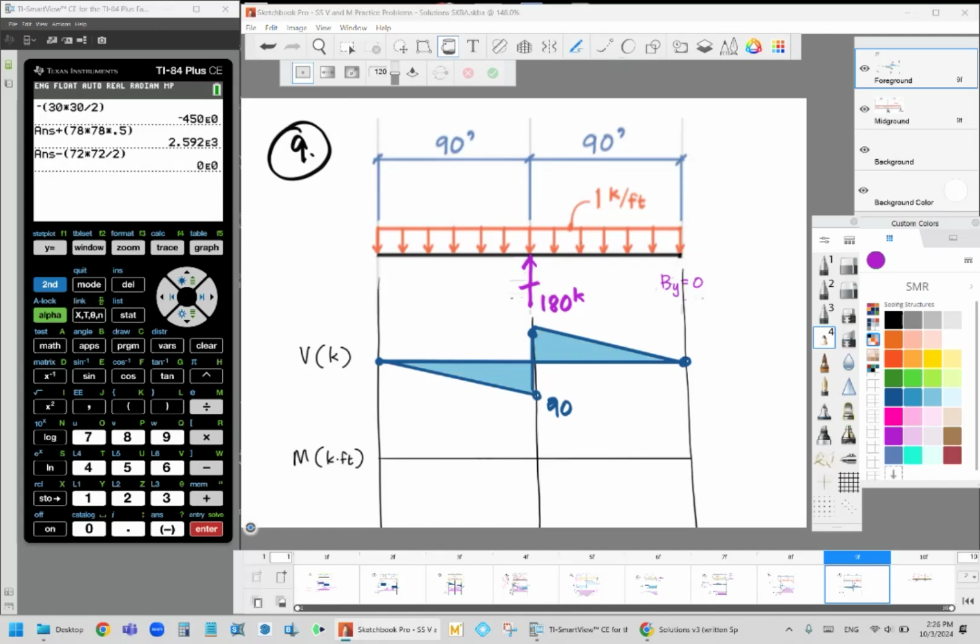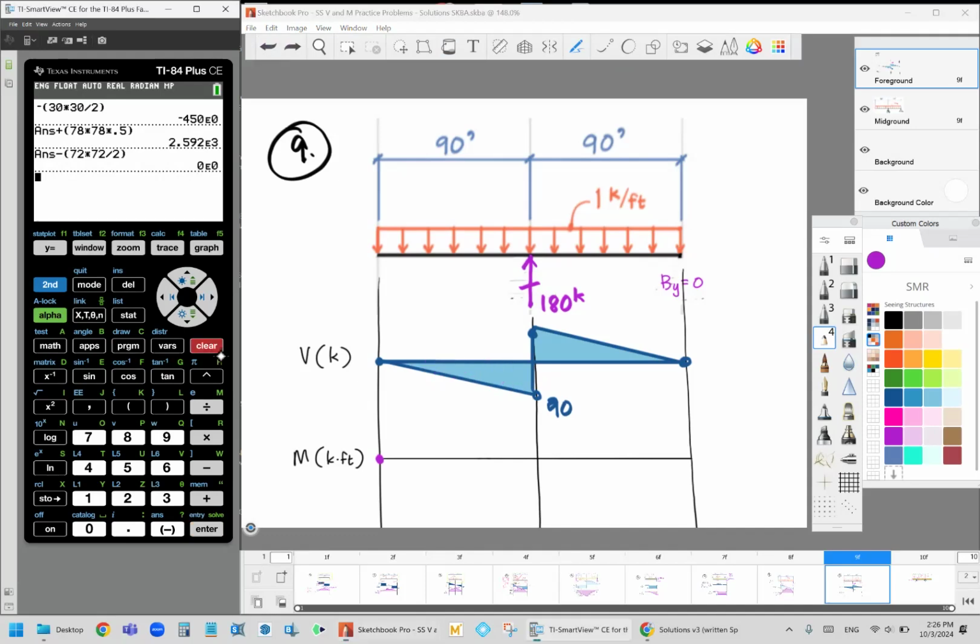Moment, switching to purple, start at 0. I need the area under the curve. So I've got 90 times 90 times 0.5. That gives me 4050. Okay, that's negative, so I land down here.